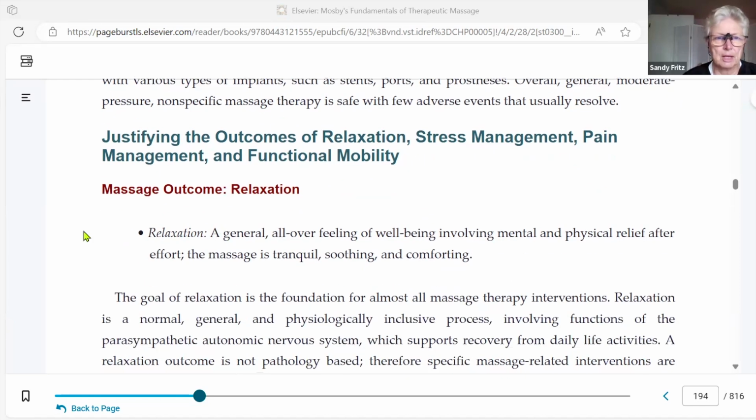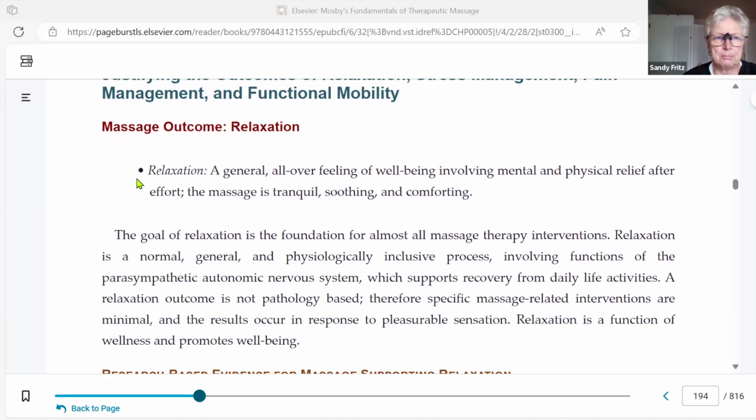So this is something you're going to want to narrow down and really pay attention to. It will help you for a very long time in lots of different environments to explain and justify the benefits of massage.